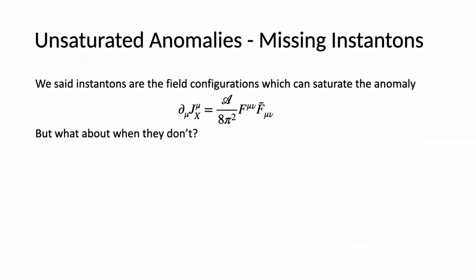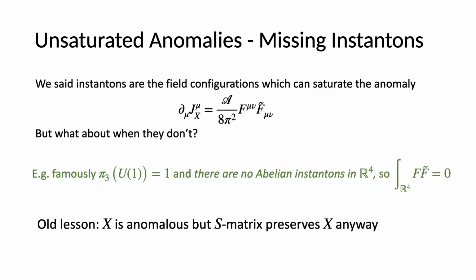Perfect. Great. So I was just telling you that instantons are the field configurations which can really turn on this symmetry violation. But in fact, for a long time, particle physicists and field theorists have been a little bit confused that there are some times when they don't. The prototypical example of this is the case of a U(1) gauge theory.